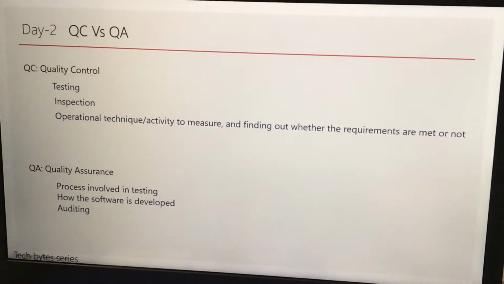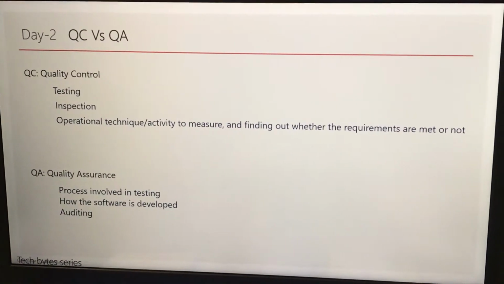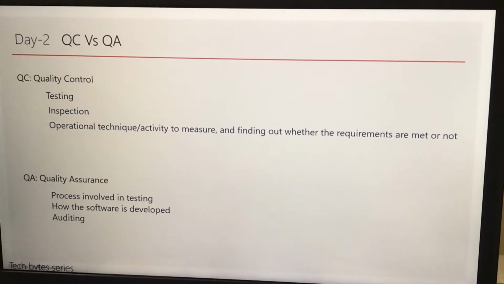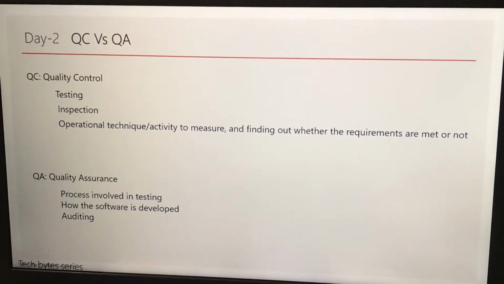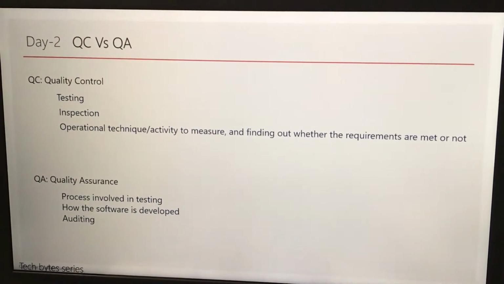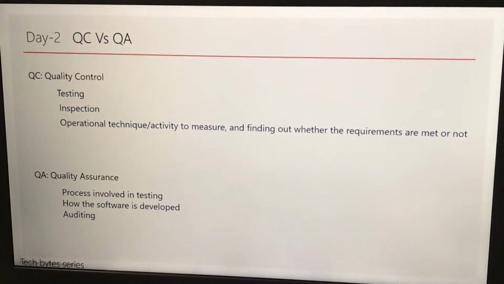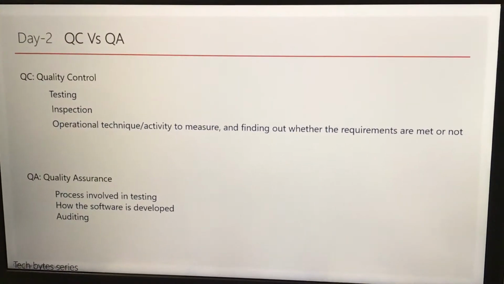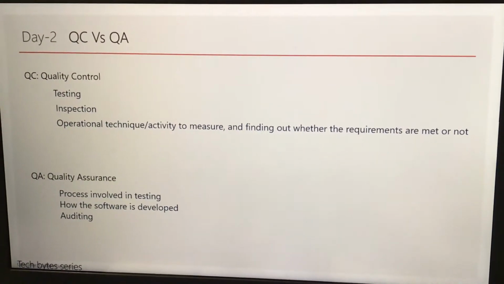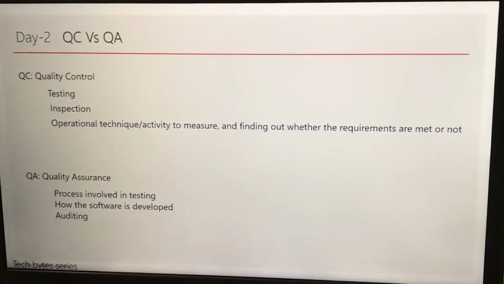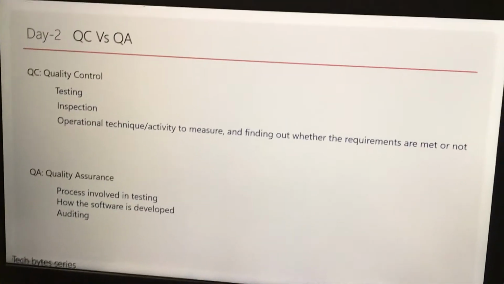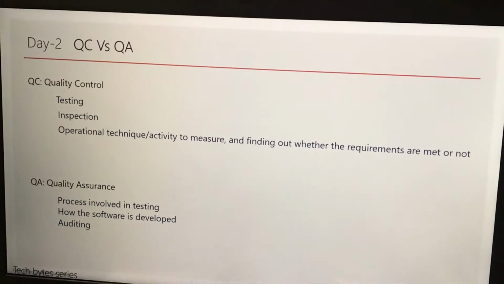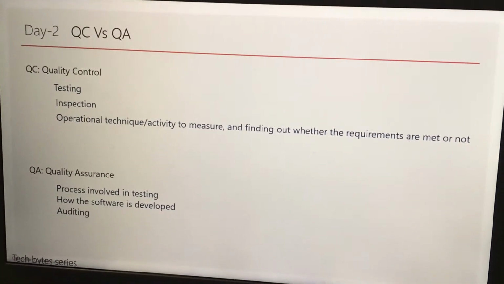Now, let's try to understand QC versus QA. At the beginning of our software testing career, everybody has the question: what is the difference between quality control and quality assurance? Aren't these two the same? No, they are not the same. Quality control is more about performing checks and balances to make sure the system runs as expected and functions as it is supposed to.